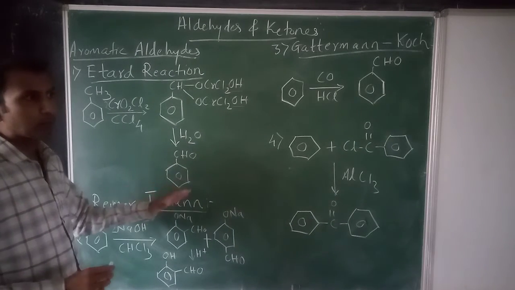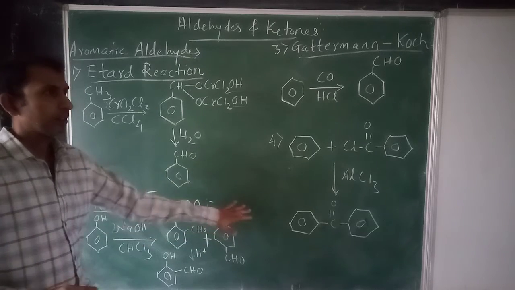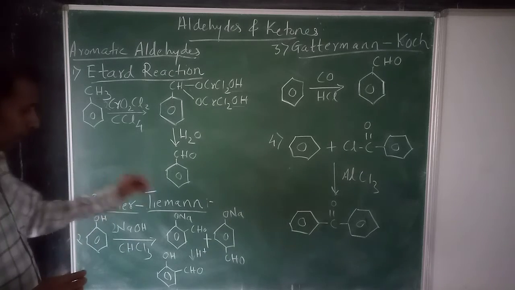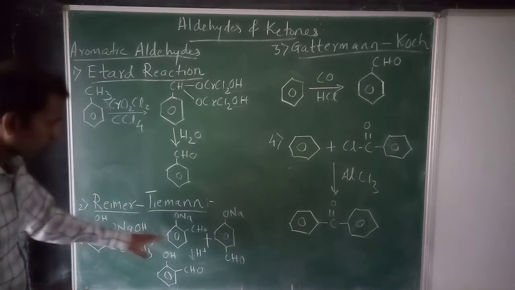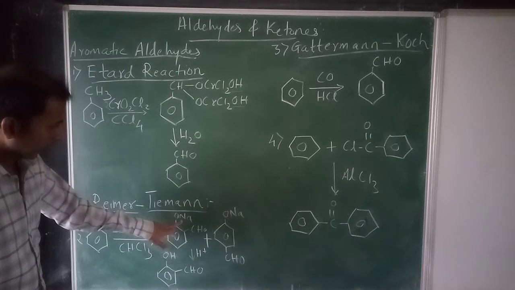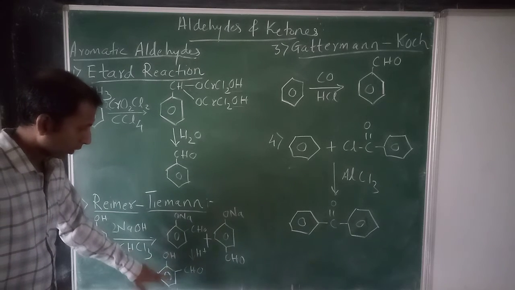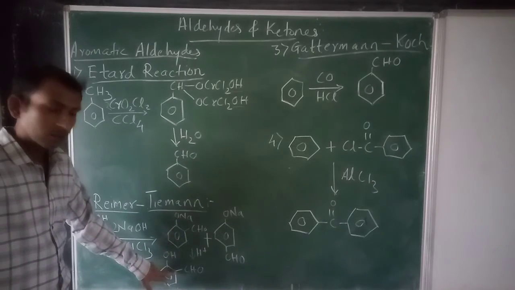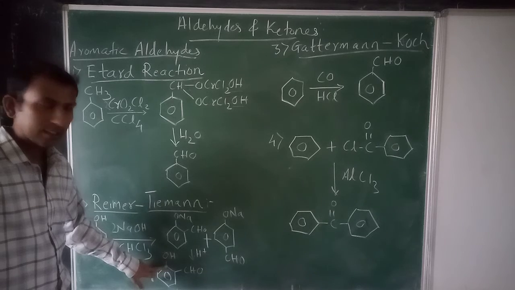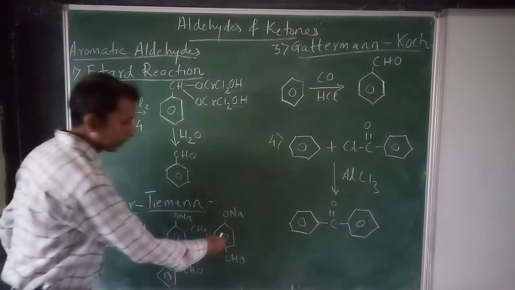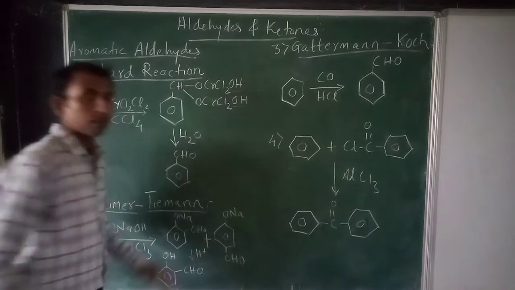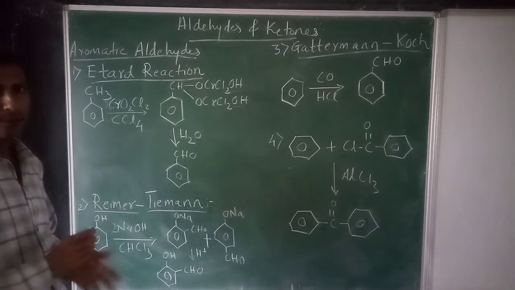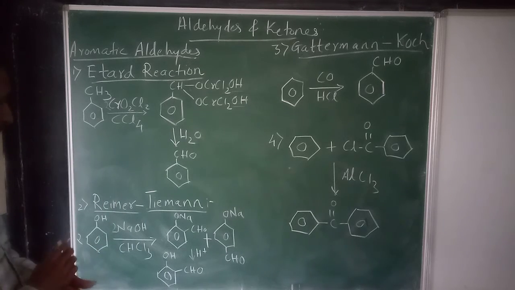These products are unstable since they are sodium salts. That's why we have the last step, hydrolysis. If this product is hydrolyzed, Na gets converted again back to OH, and we get the final product. The name of this aldehyde is 2-hydroxybenzaldehyde, and this will give you 4-hydroxybenzaldehyde. So that will be the final product for this particular reaction.